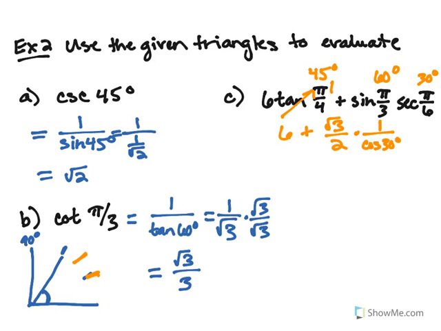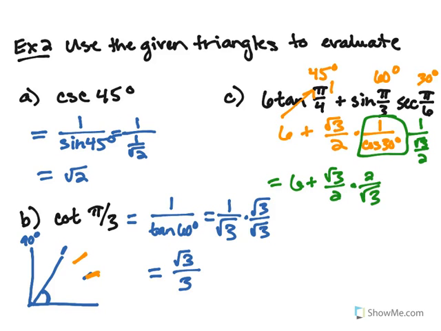So we get this right here to be 1 over square root of 3 over 2, right? So we're going to flip that and multiply. We're going to do the reciprocal. So this whole thing becomes 6 plus square root of 3 over 2 times 1 over cosine 30, we're saying is 1 over square root of 3 over 2. If I flip that and multiply, I get 2 over the square root of 3. Well, if I multiply those together, that's just 1, right? So the answer is 7.